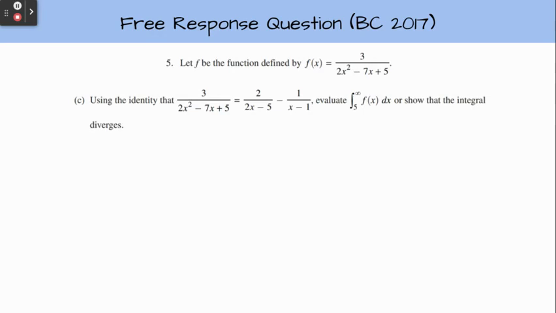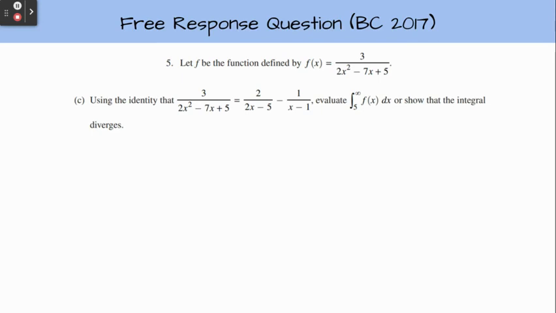And then it says use the identity that equals 2 over 2x minus 5 minus 1 over x minus 1. And it wants you to evaluate the integral from 5 to infinity of f of x or show that the integral diverges. So really, this is just a simple integration part of the problem.